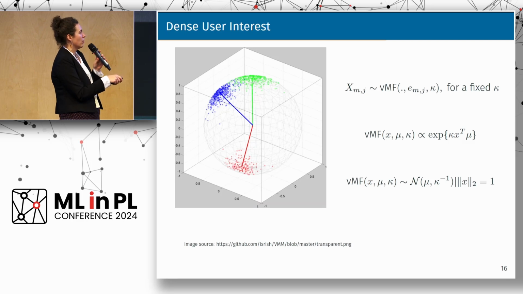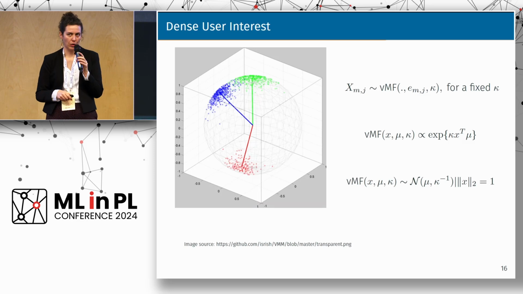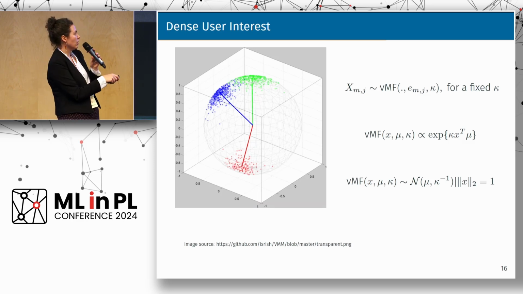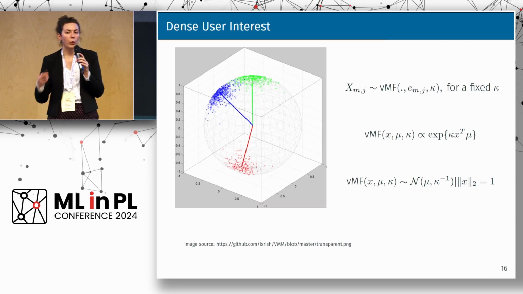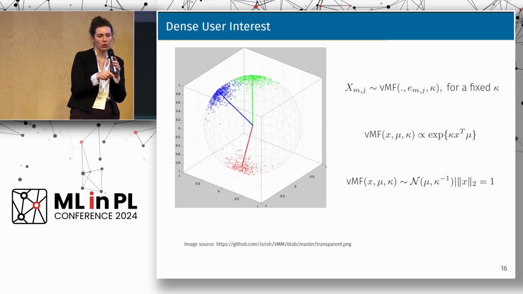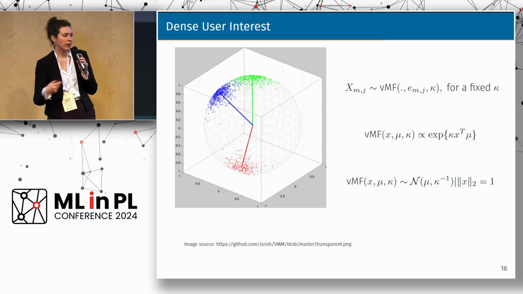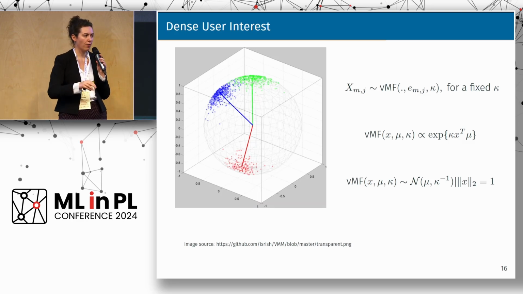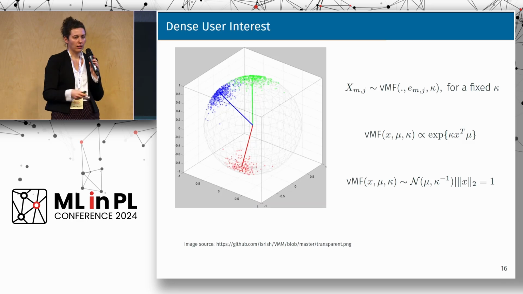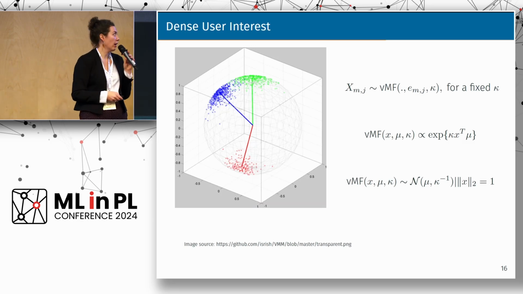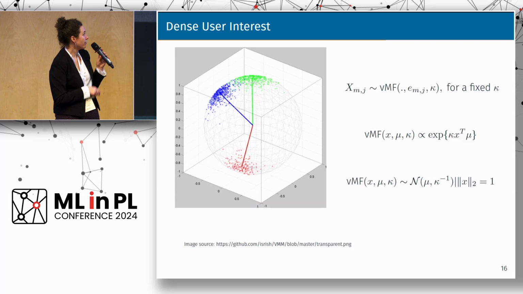So it's the normal distribution conditioned by working on a sphere. And as you can see here in the formula, it's also quite similar to the softmax function, which was used to produce the score for the embeddings.